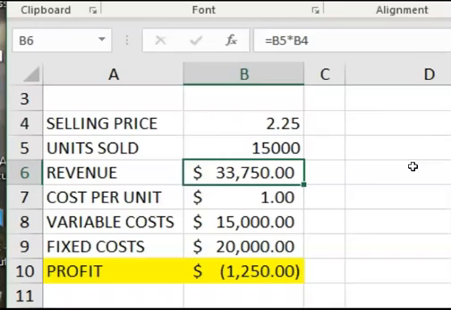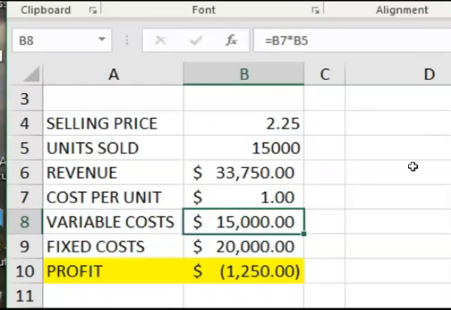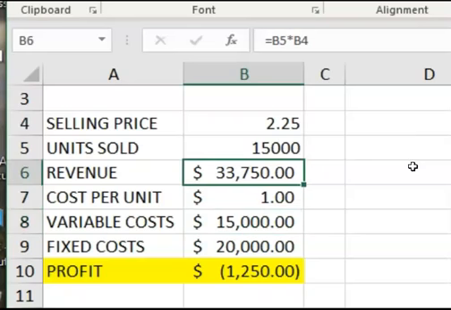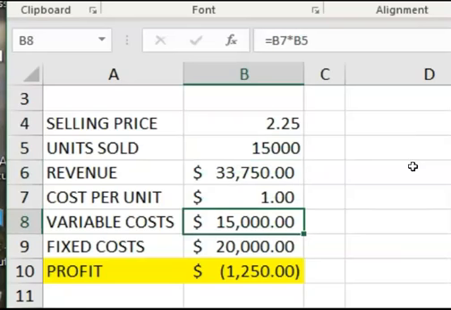My variable cost is $1 per unit, so that's costing me $15,000 for 15,000 units. My fixed cost in this situation is $20,000.